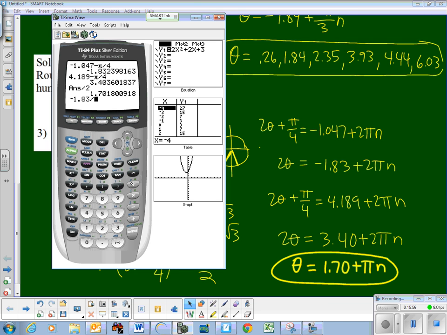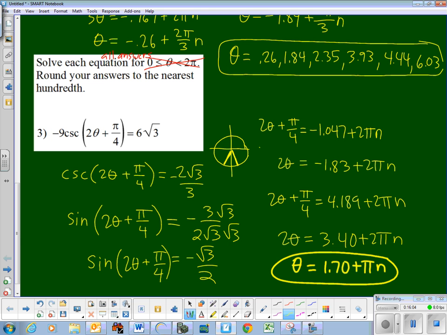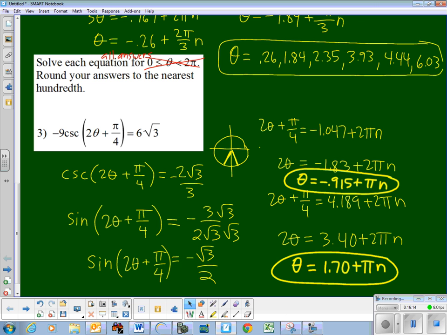Cut that in half, and we get negative 0.915 plus pi n. Okay, so again, according to the directions, we changed them to all answers. This is going to be all answers.